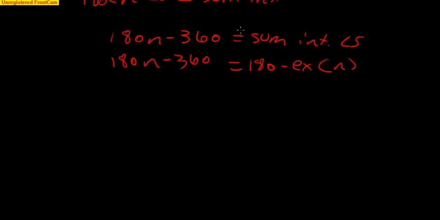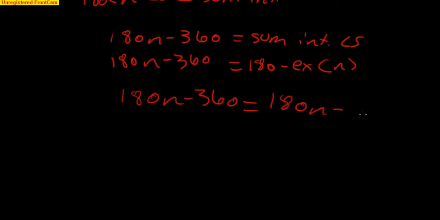So we have this equation now, and we have to solve it. Well, first you need to distribute this n, right? Put the n in front, distribute. We get 180n minus 360 is equal to 180n minus the exterior angle times n. That's what it's going to come down to.